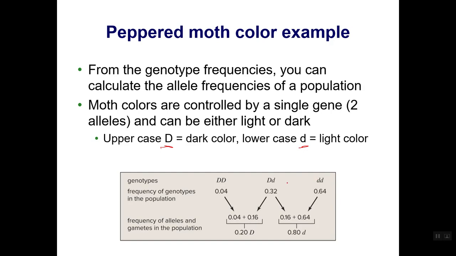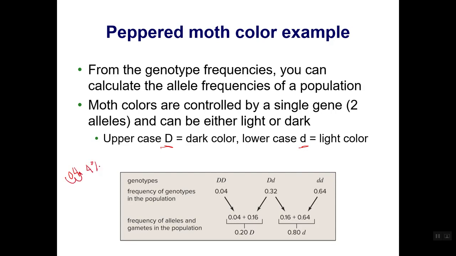So, for example, let's say the frequencies of genotypes in the population are listed here. If you were to convert these to percentages, the way you convert decimals to percentages is by moving the decimal place over 2 spaces.